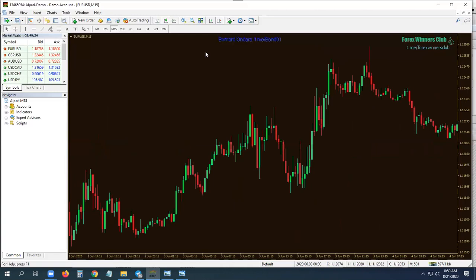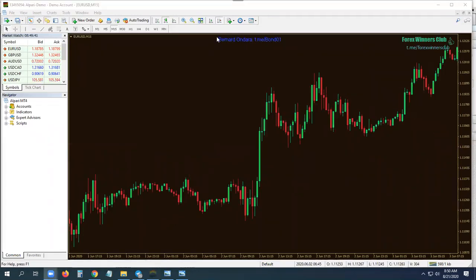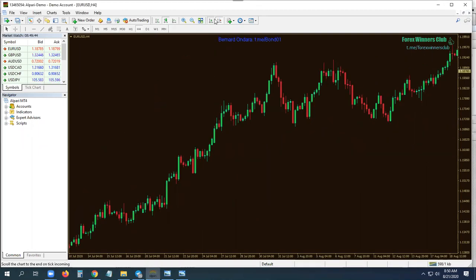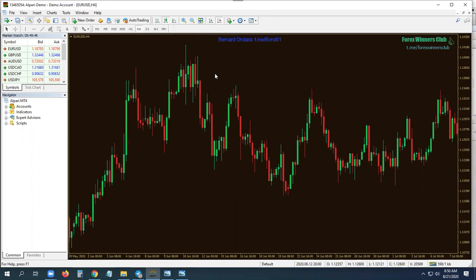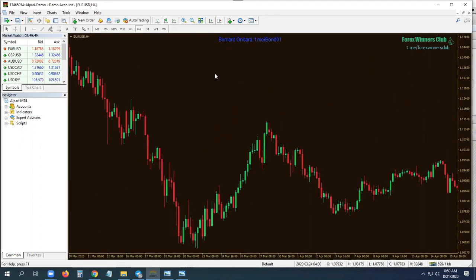Let's go back to 4 hours chart. You might see one. And indeed, there's one here. Something that looks like a neckline to me. As you can see, the market went up.